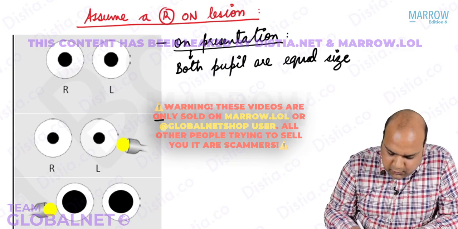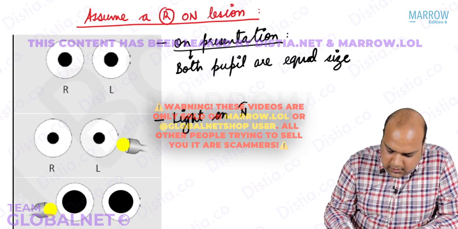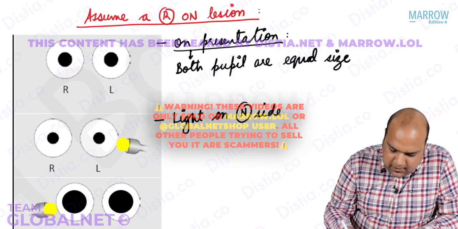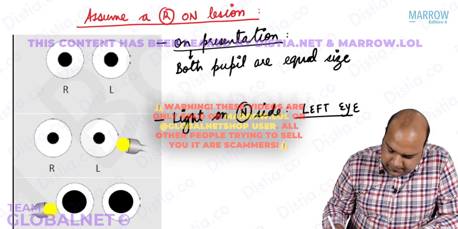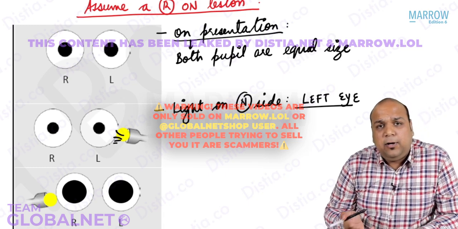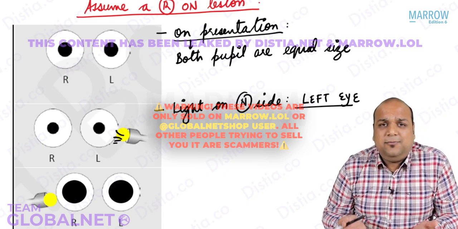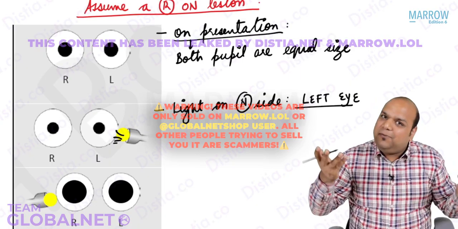Next, everybody, the second photograph, we are again throwing light on the normal side first. Normal side, again, we are saying is the left eye. So we are throwing light on the left eye. When we throw light on the left eye, what will occur? Yes, we have said it so many times. Both the pupils will constrict, sir.